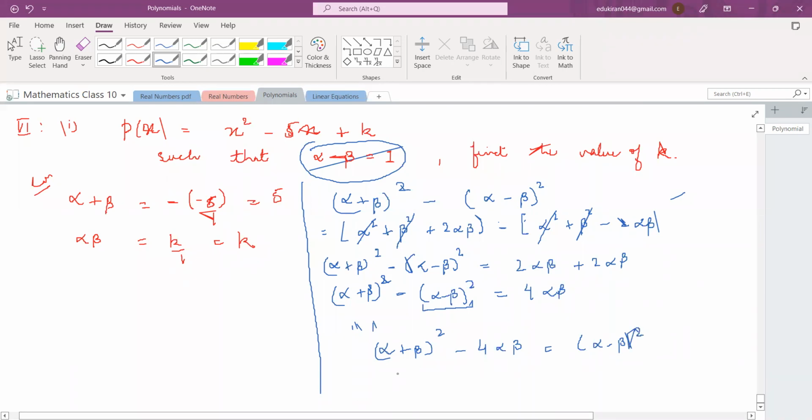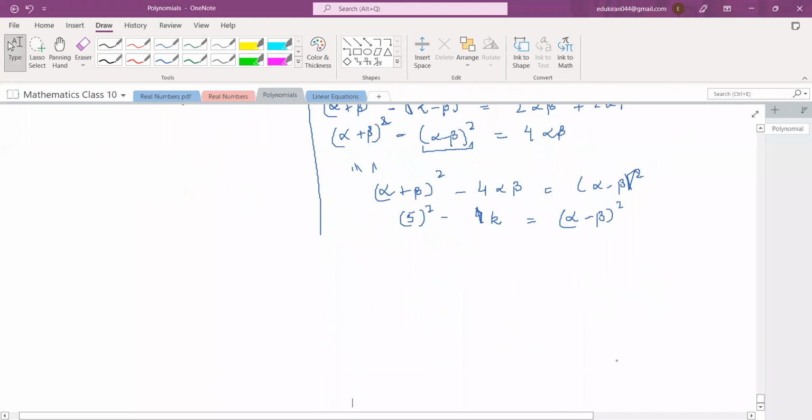Yes, ma'am. Okay. Now put the value of alpha plus beta here. So this is equal to 5 whole square and minus 4 into k. This is equal to alpha minus beta whole square. Yes? Okay.